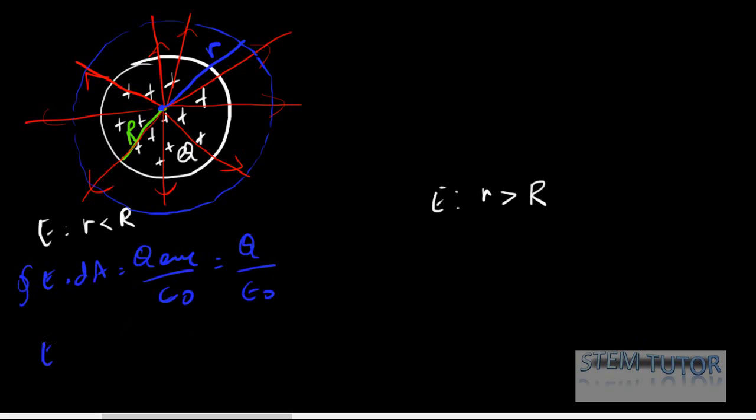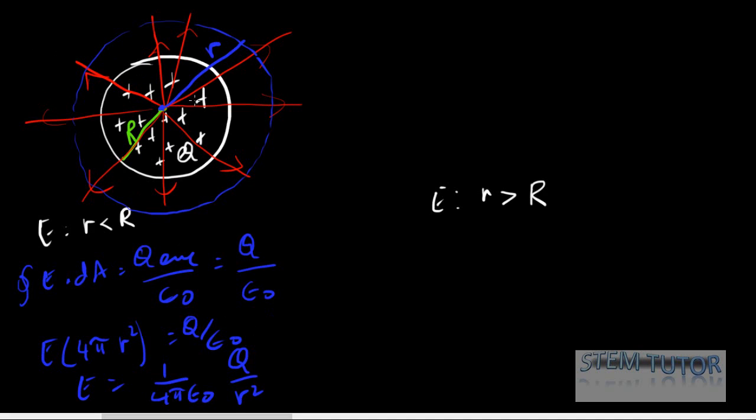So this side becomes E times 4 pi r squared equals Q over E naught. So E becomes 1 over 4 pi E naught, which is k, Q over r squared.